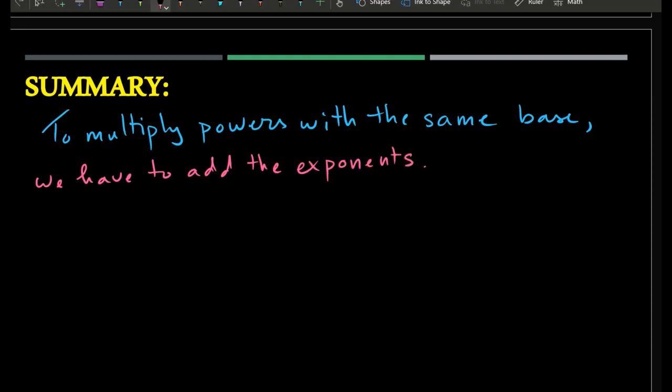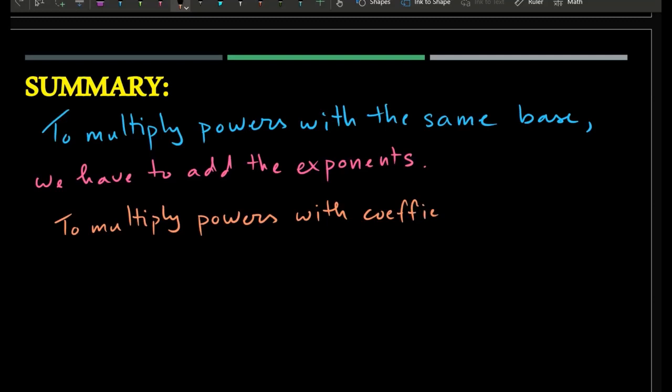Now here is an additional note. To multiply powers with the coefficient. What do I mean by that? Coefficient, sorry.